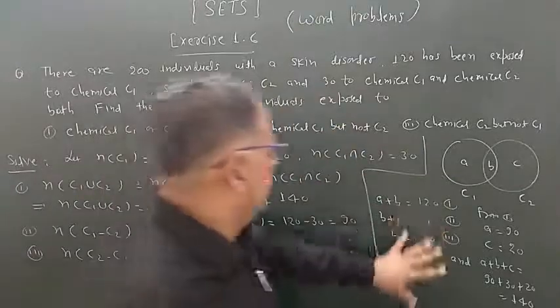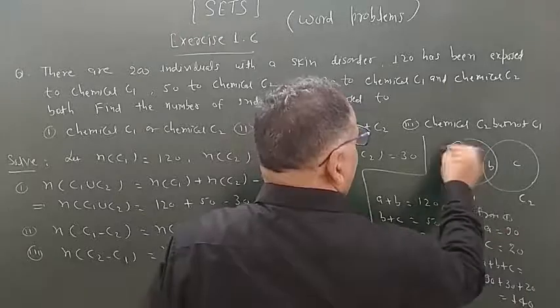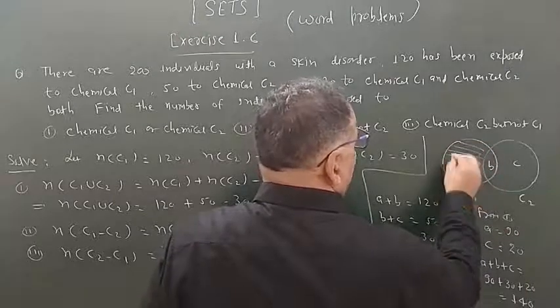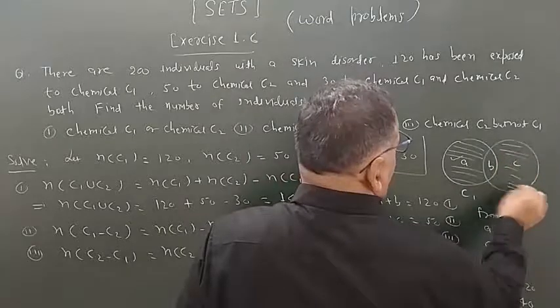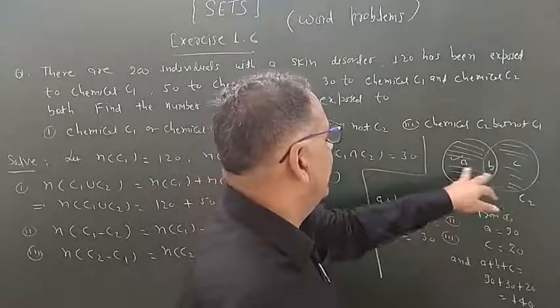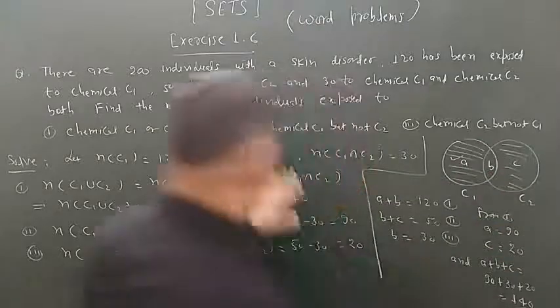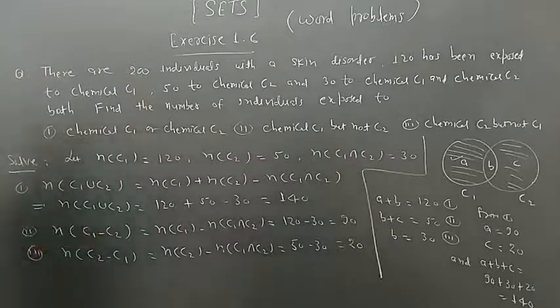So we use these three equations and find A equal to 90. A means individuals exposed to only C1, then only C2, common, and total either C1 or C2, A plus B plus C, that means 140. So this is the Venn diagram method, and that is the formula method by which you can solve the question.